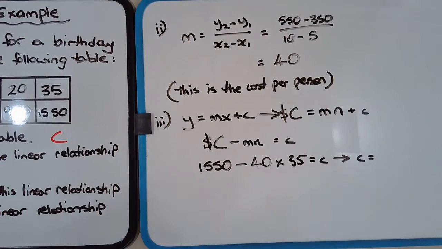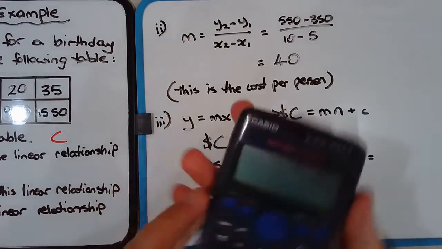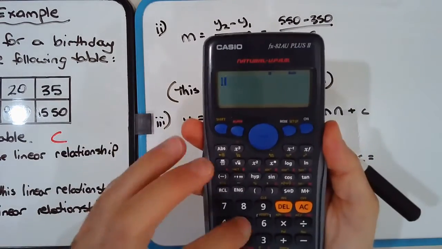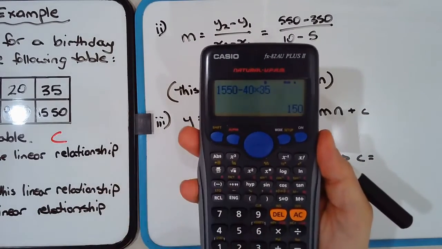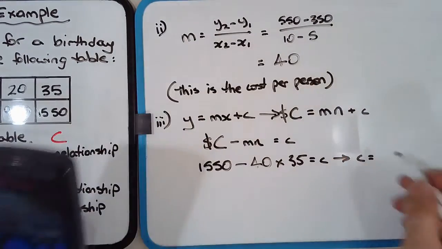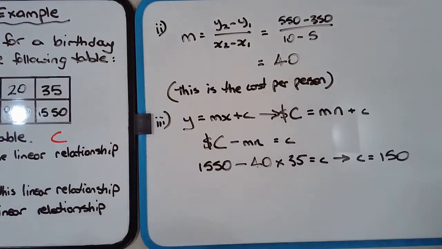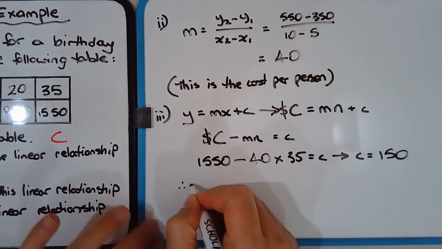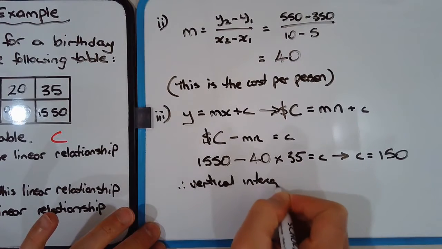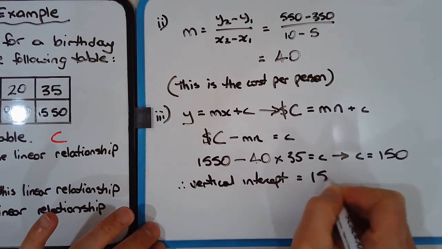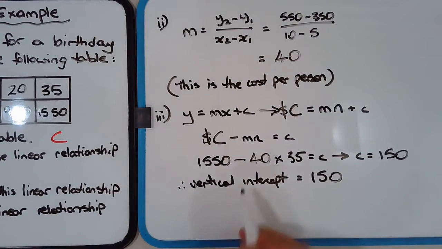So little c is equal to, let's work this one out now, 1550 minus 40 times 35, and we get 150. So therefore the vertical intercept is equal to 150. Now remember that the vertical axis represents money, dollars. So that's $150.